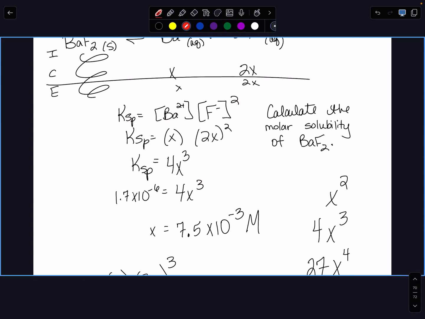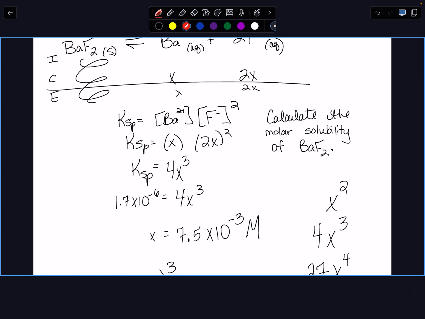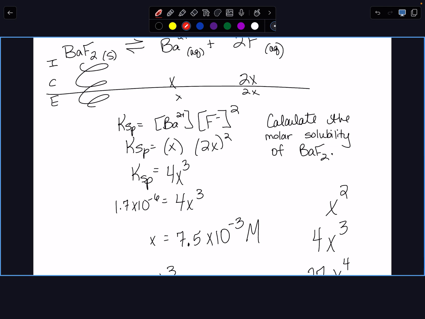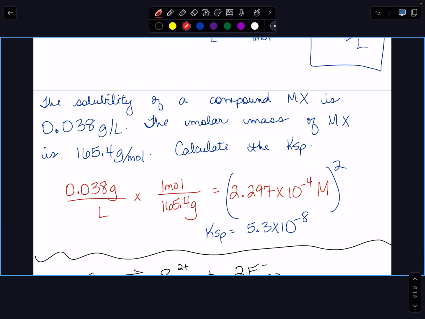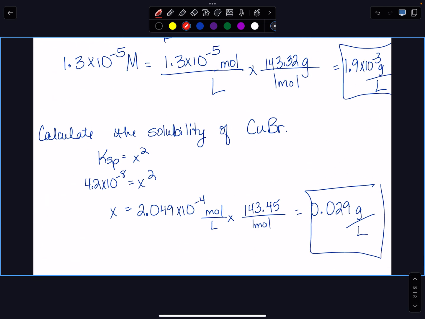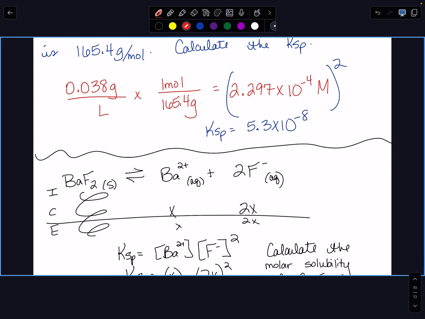If I scroll back to what we did last time, we calculated the molar solubility of barium fluoride. All that was in water. We calculated the molar solubility of copper 1 bromide. That was in water.